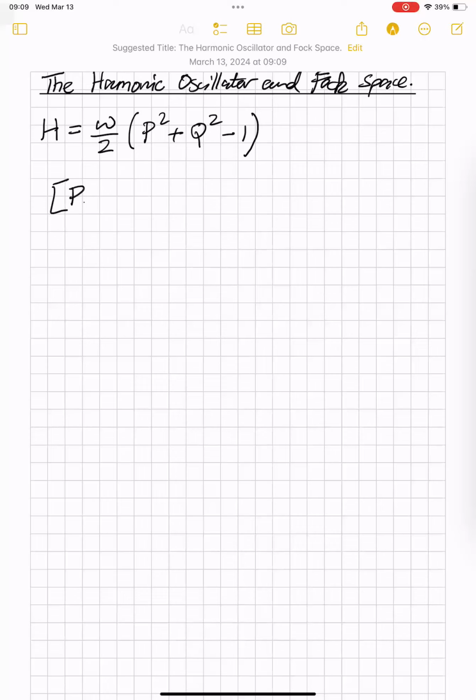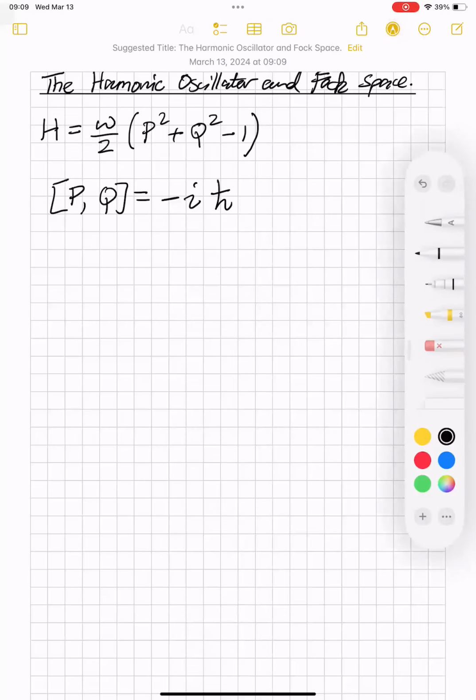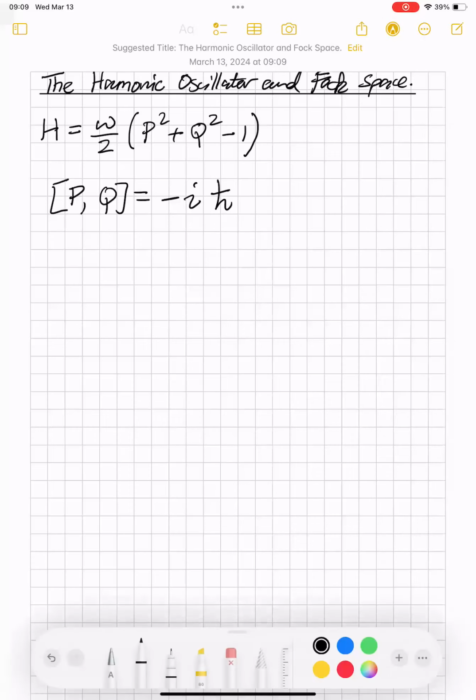It would say the commutator of P and Q is equal to minus i, and I'll put h bar over there, but that's where h bar would go if we were putting the h bars in, but we're not putting the h bars in. So let me remove the h bar. But just to remind you, that's where it would have gone.